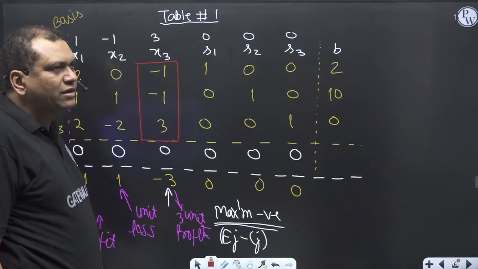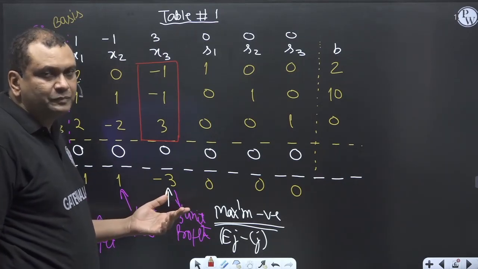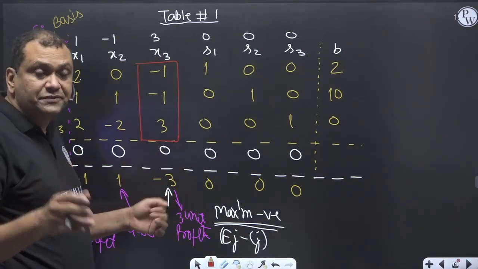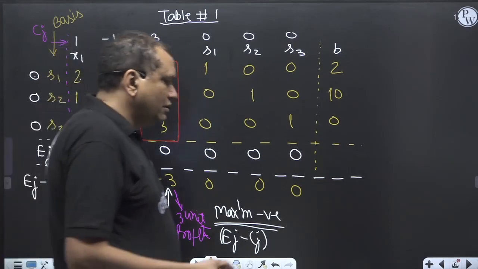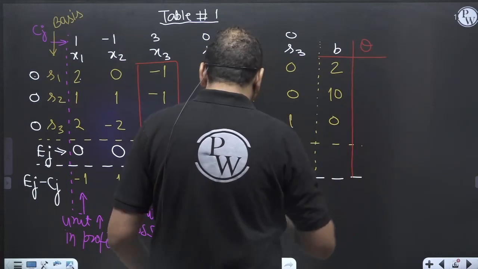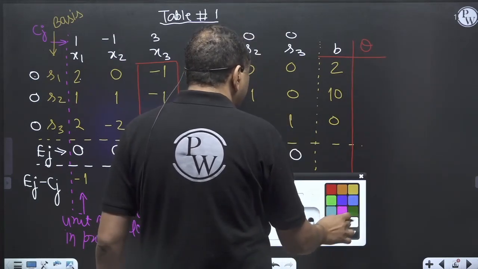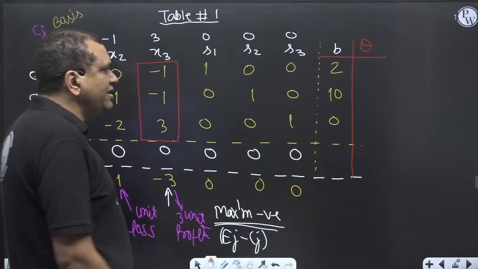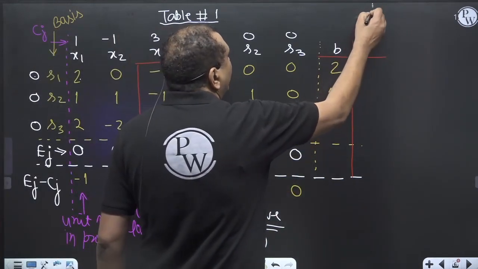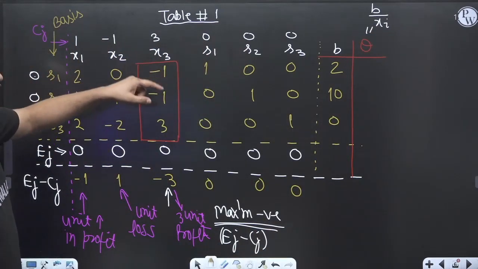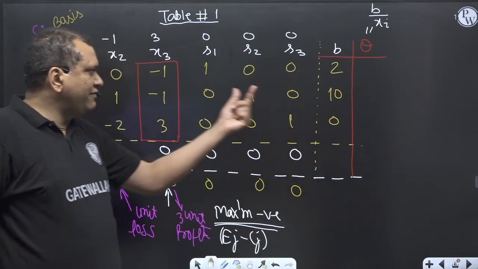Once again in GATE, nobody will ask you to solve the complete problem, but you should know all the intermediate steps. Then you calculate a theta column. Theta column is nothing but matrix B divided by the entering column.